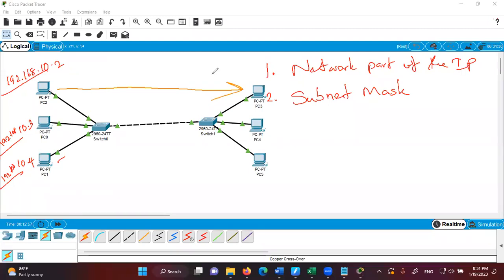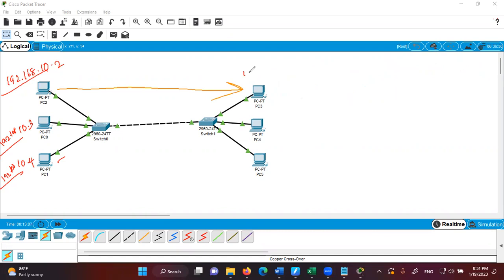This is 192.168.20.2, right? This is 192.168.20.3, 192.168.20.4. Okay.